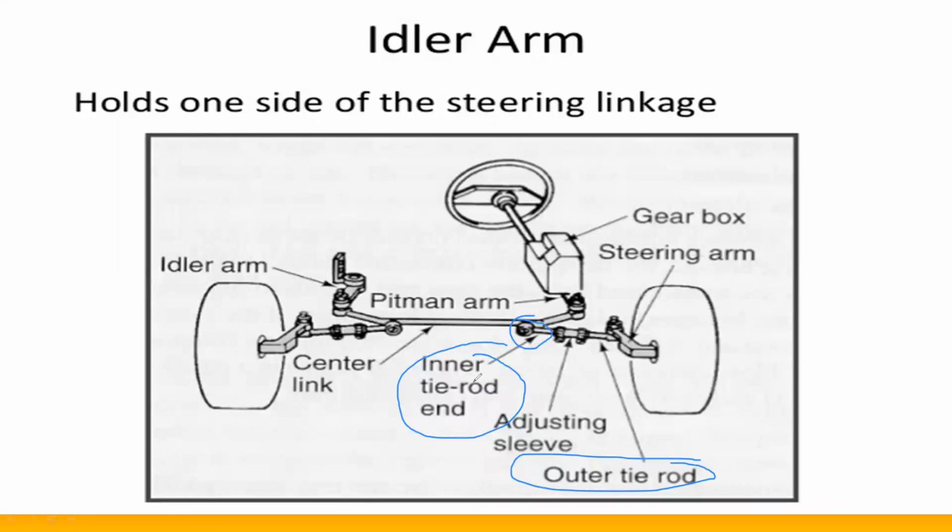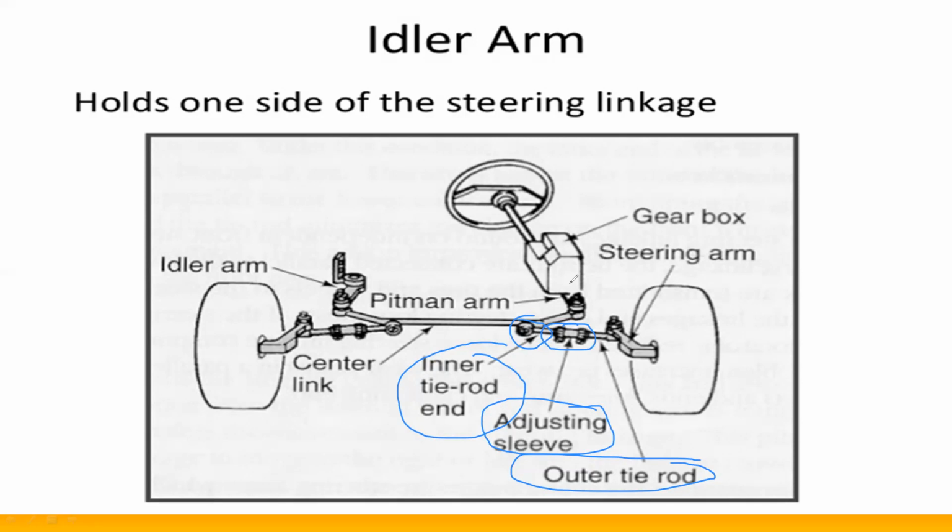The tie rod is fixed to the wheels, connecting these pitman arm linkages. Okay. So with that pitman arm, we are connecting a tie rod used to fix the adjusting sleeve. You can see the adjusting sleeve. This adjusting sleeve adjusts the angular direction of this axle.